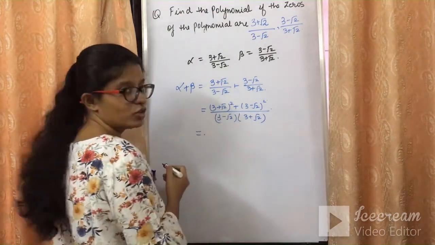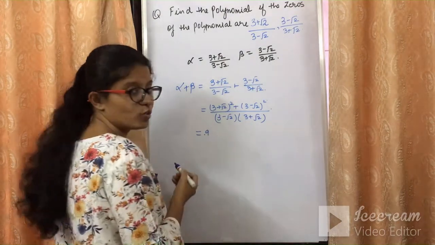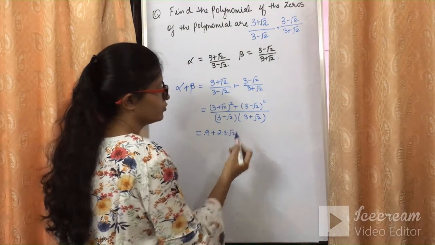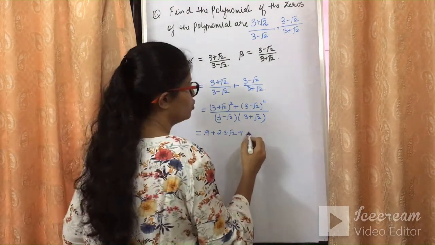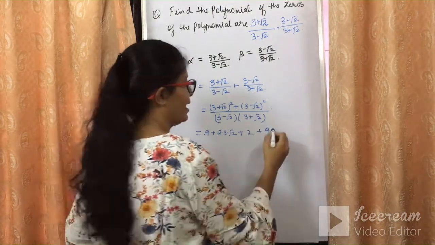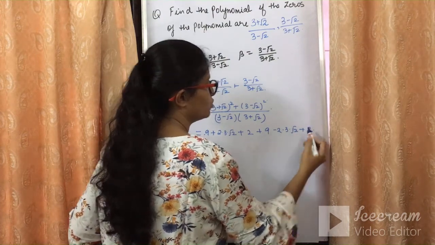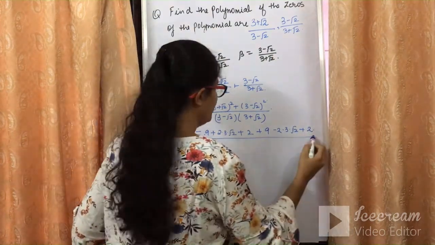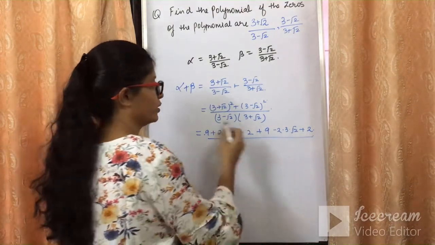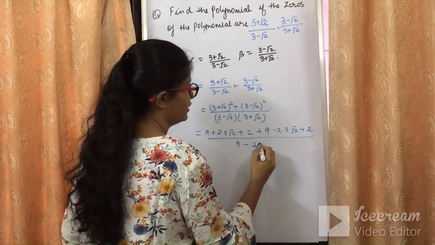So if you solve this, you will get (a plus b) का whole square, that will be a square plus 2ab plus b square. A square is 3 square, which is 9, plus 2 into 3 into root 2, plus root 2 square will be 2. Plus 9 minus 2 into 3 into root 2 plus 2, that is root 2 square, upon a square minus b square, because (a plus b) into (a minus b) is a square minus b square, which will give you 9 minus 2.